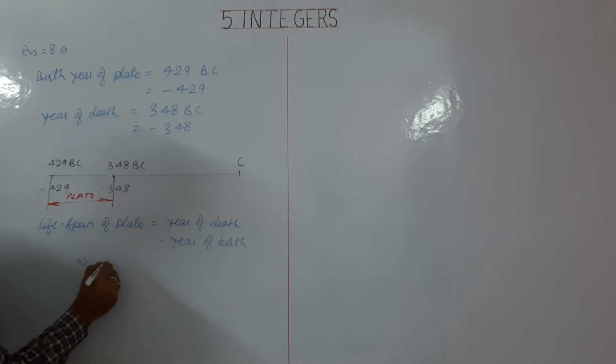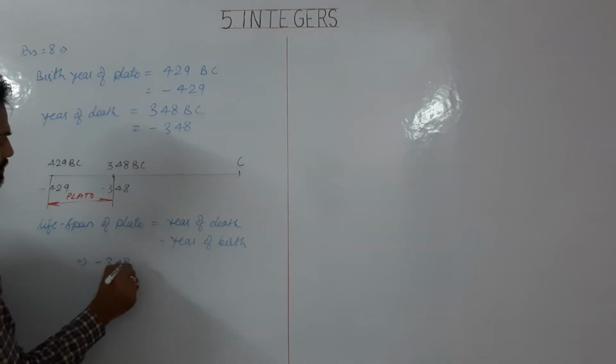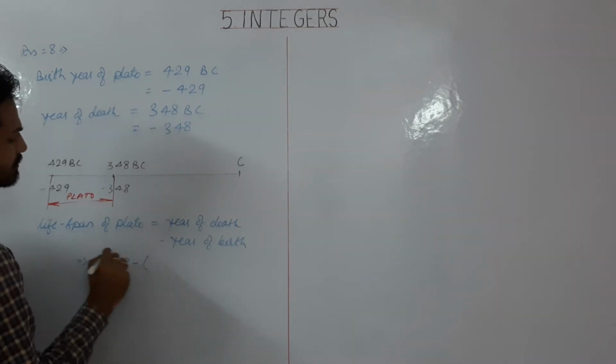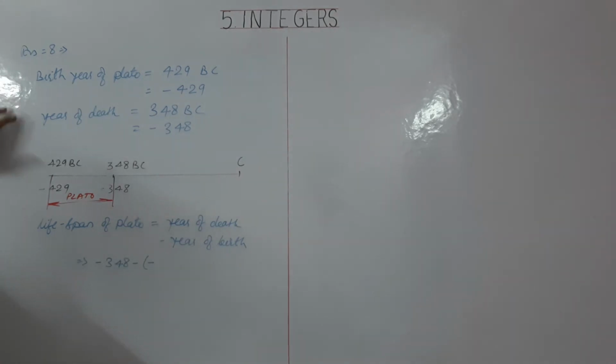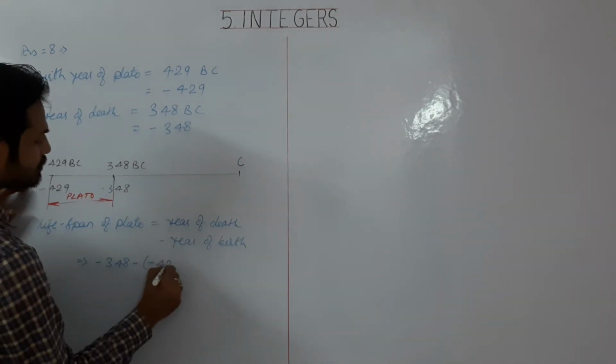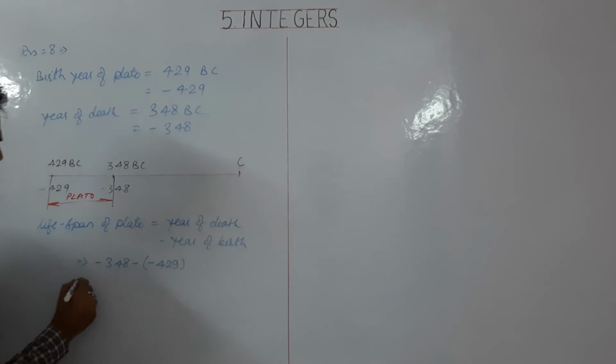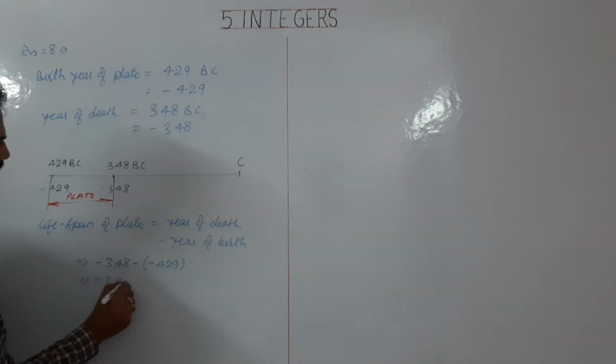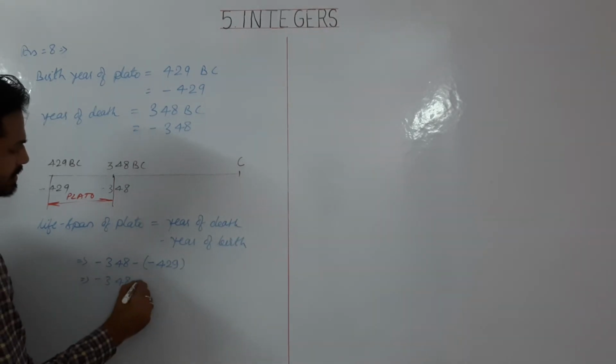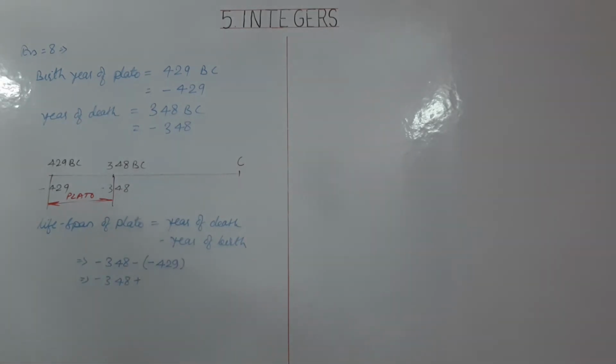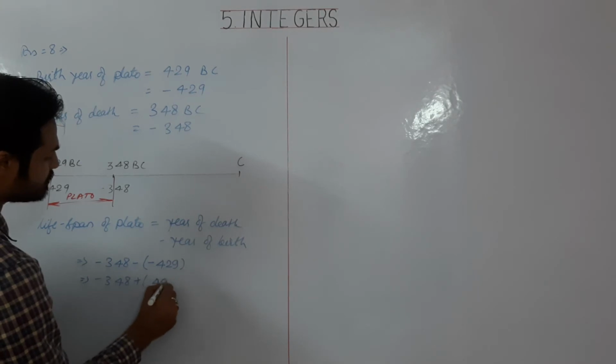So what to write? Year of death, minus 348, minus year of birth, minus 429. That is minus 348, and again we have to replace this negative sign. Using the property, replace that negative sign and write the opposite of minus 429, which is plus 429.